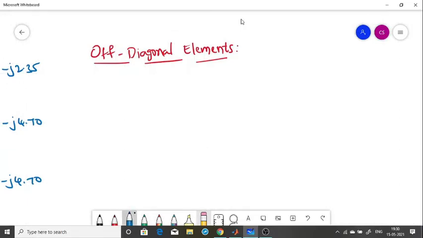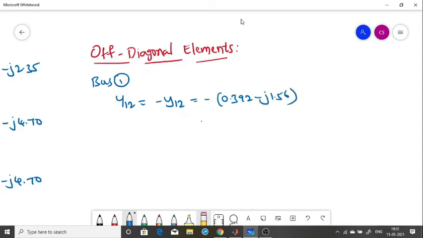At bus 1, what values are we left with? Capital Y12 is minus small y12. So what is minus small y12? What is y12? If you substitute, that means 0.392 minus j1.56.